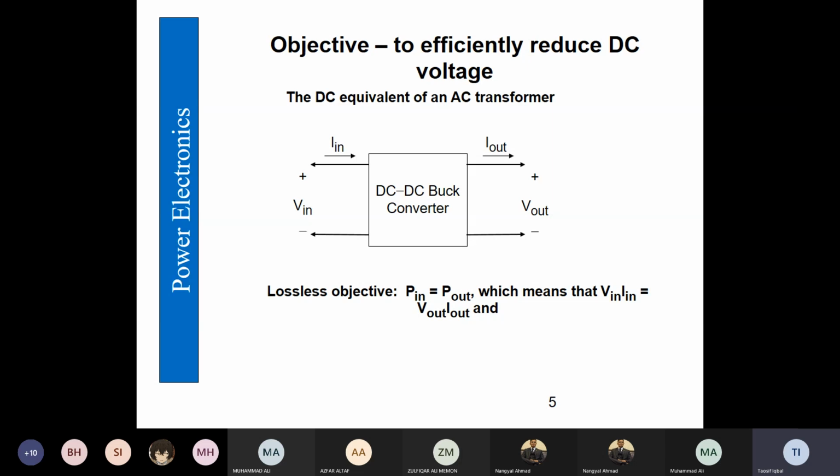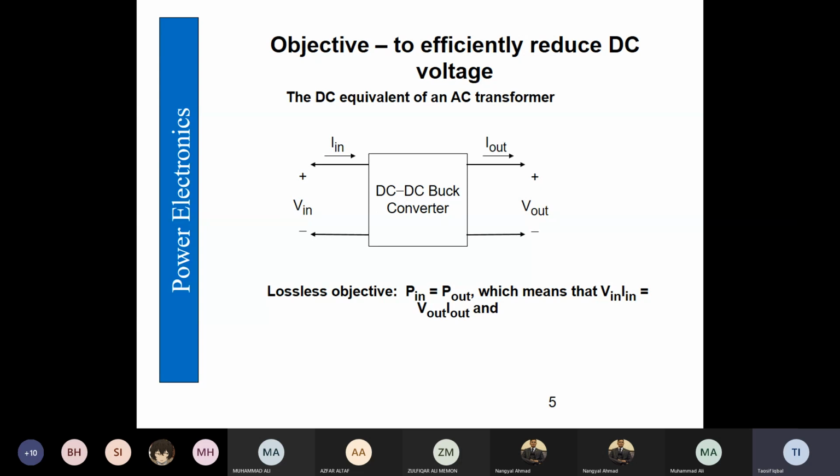Ideally speaking, we'll consider input power and output power equal to each other, and thereby efficiency is 100% or unity. But in practice, we know that there are energy storage components, and those energy storage components have parasitic resistances.